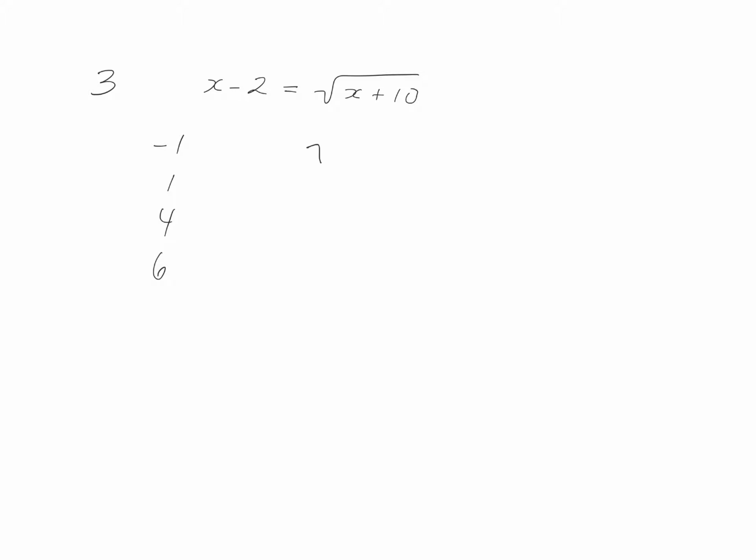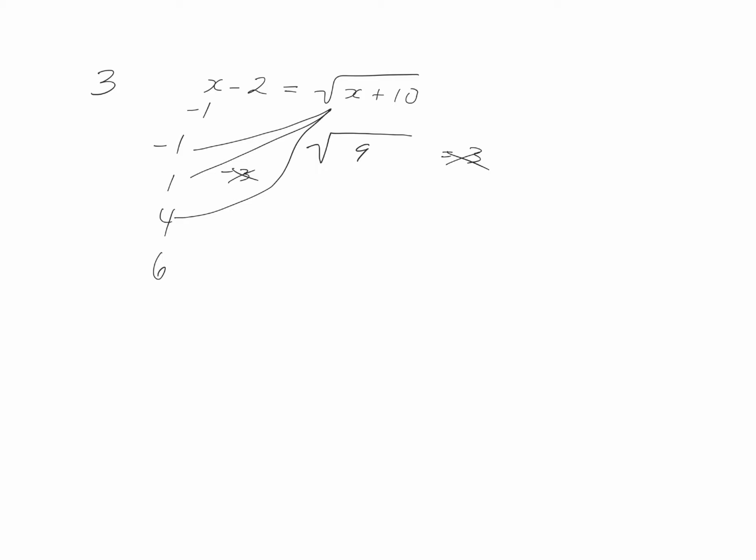And when you take the square root, it's nice to have a perfect square, a number that you can actually take the square root of. And so if we plug in the -1 here, we get a 9. And then that would be 3. But if I plug in the -1 here, I get -3. And -3 does not equal 3. If I plug in the 1, I don't get a perfect square, so I cannot take the square root.